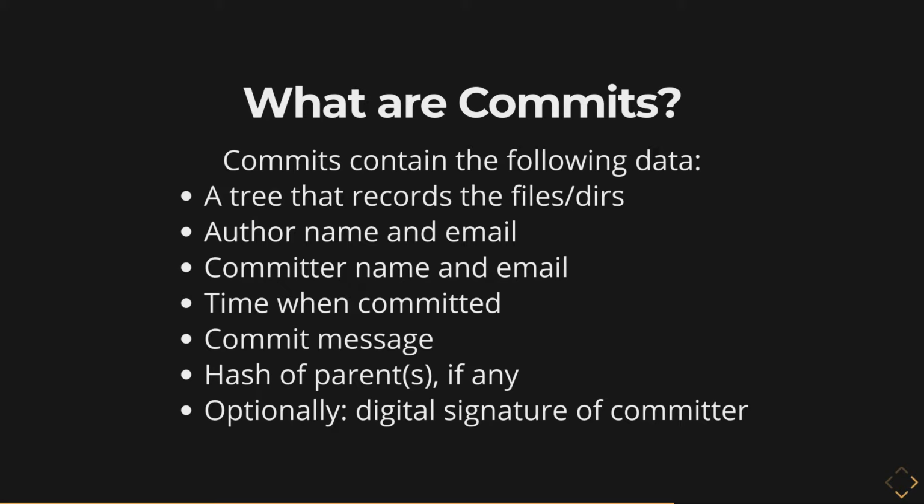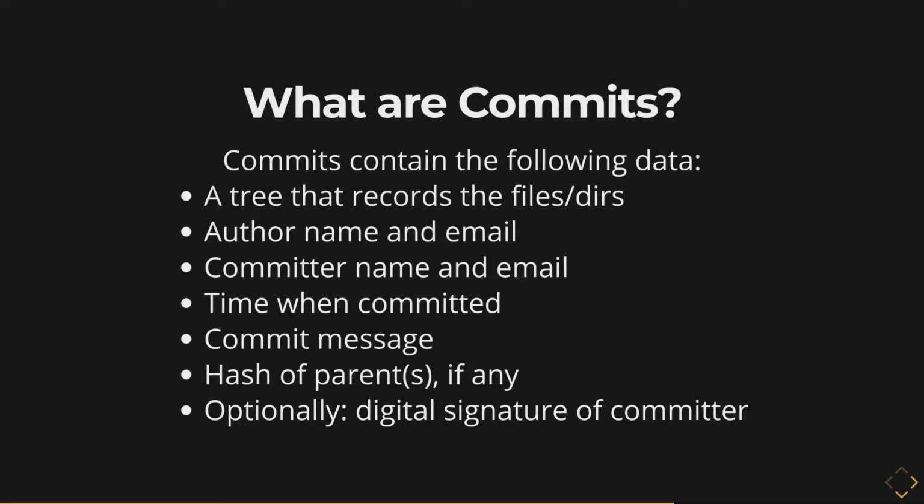Then you get the timestamp that says the date and time when the commit happened, a commit message, and importantly, a commit says what its parents are, or what its parent is if it's a single parent. And there's only a single commit in Git that doesn't have a parent. That's the first commit you add. Every other commit inside your Git repository will have at least one parent.